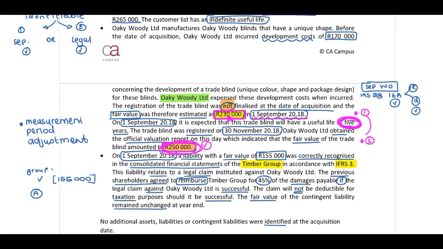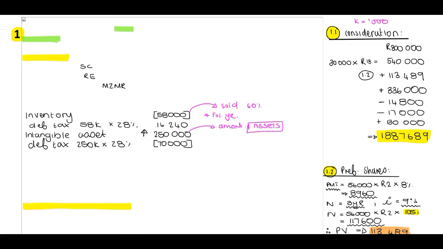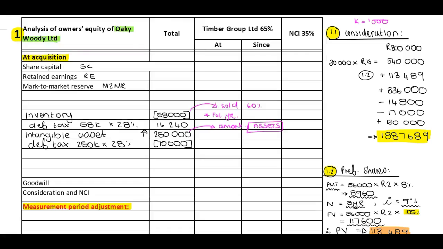Right, next bullet point. They've indicated to us that they have already included the liability. And during our reading time, we have identified we have an indemnification asset. And they've indicated to us that the claim will not be deductible for tax purposes. Therefore, in our at acquisition date, we need to include the contingent liability.